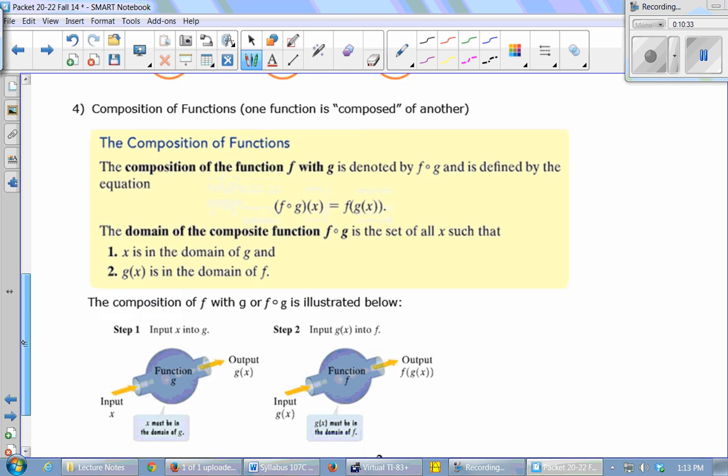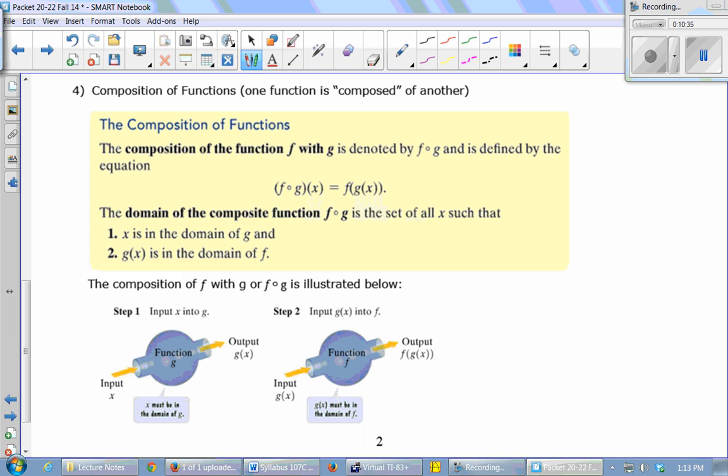So here's my definition for composition of functions. Composition of a function f with g is denoted by f circle g, and it's defined by f of g of x. Like I said, whenever you see this little circle notation, just rewrite it with the parentheses.